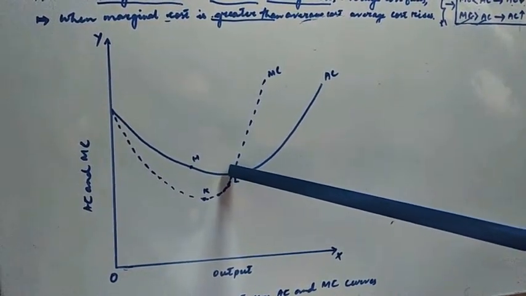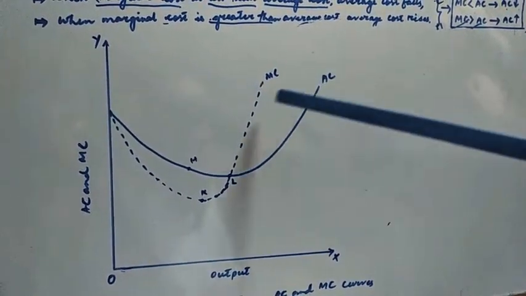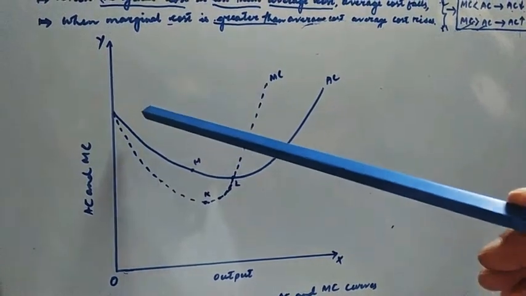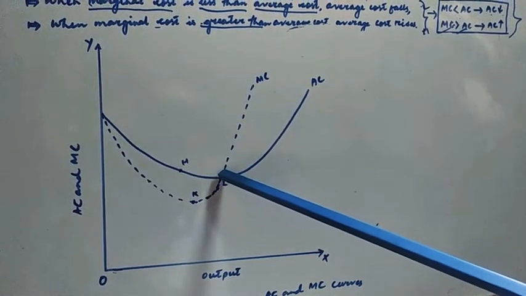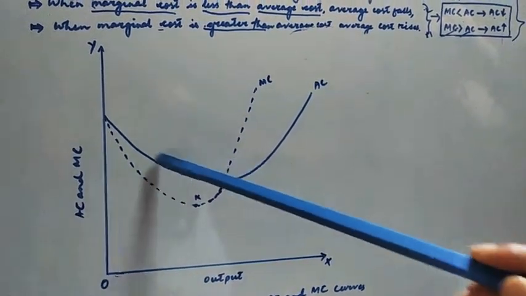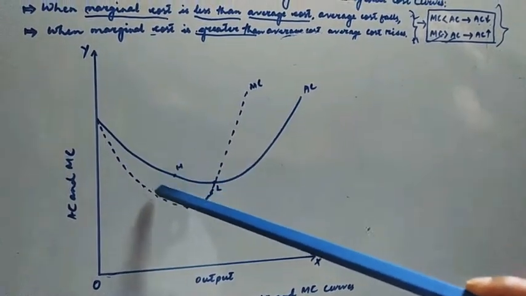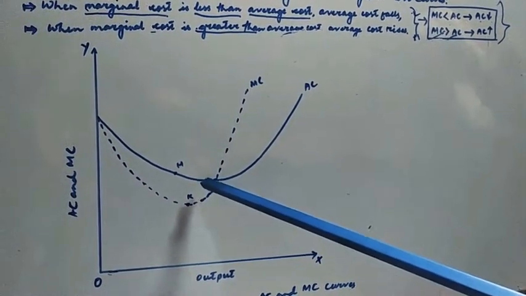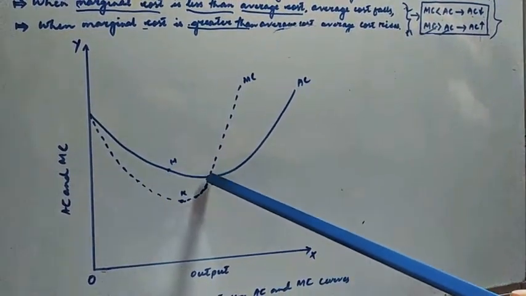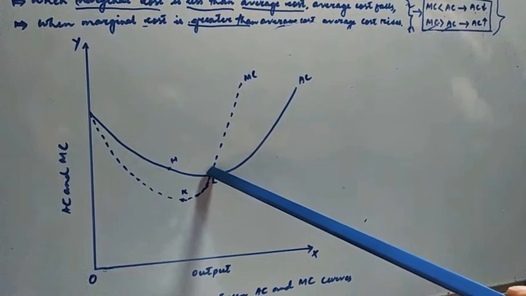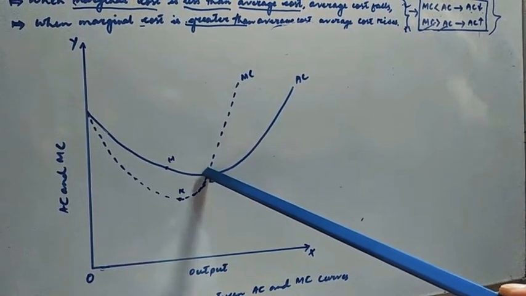So as long as marginal cost is lying below this average cost curve, then the average cost curve is falling, till point L, because the marginal cost is lying below this average cost curve. Let me explain again. As long as this marginal cost is lying below average cost curve, then the average cost is falling till this point L.